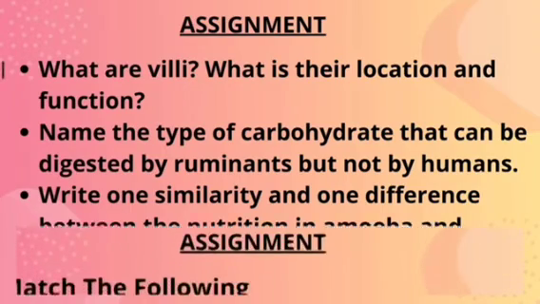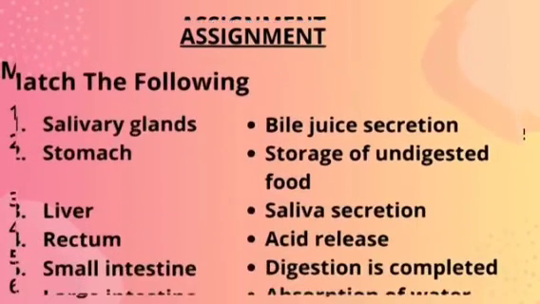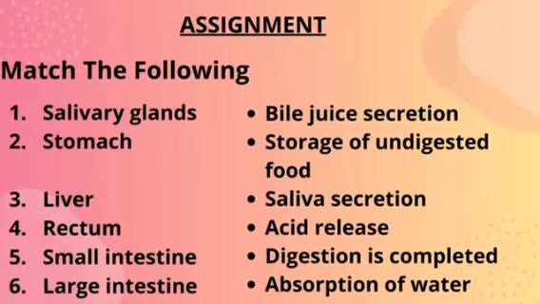Now the next one is match the following. There are two columns, one with all the glands and the organs and the other with their functions. In column A you have salivary glands, stomach, liver, rectum, small intestine, large intestine.